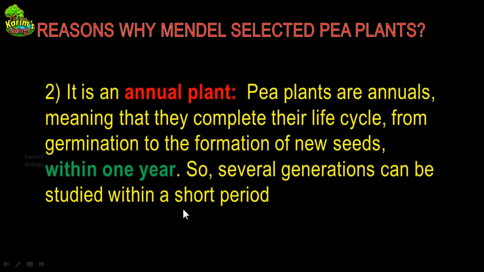Within 2 to 3 years, you can study several generations. Imagine if you had chosen a plant that completes its life cycle in 3 years or 4 years. It is horrible because the experimenter has to wait 3 to 4 years till the completion of the life cycle to get the result. It is horrible and time consuming also. So this is another advantage.